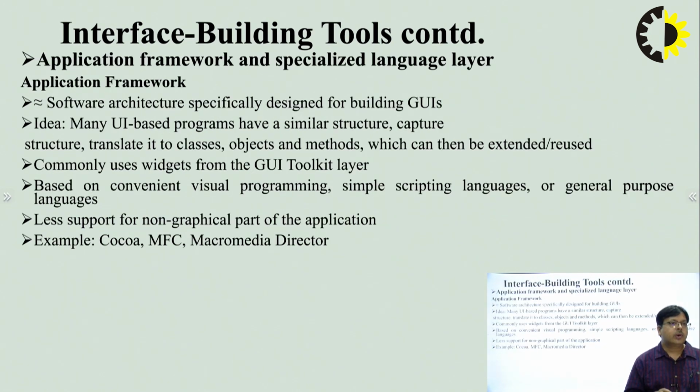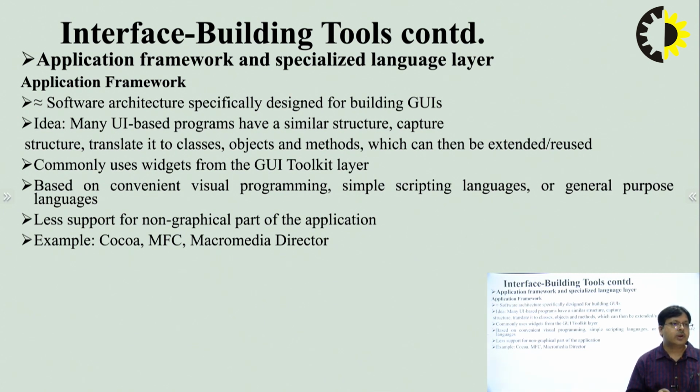Now, application frameworks. What does an application framework say? It is a software architecture specially designed for building GUIs. The idea behind the application framework is that many UI-based programs have a similar structure. We capture that structure and translate it to classes, objects and methods, which can then be extended and reused.